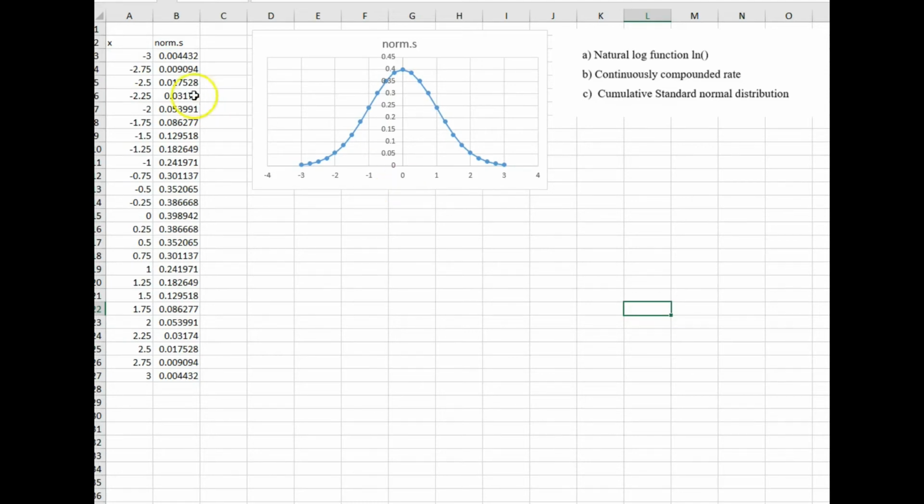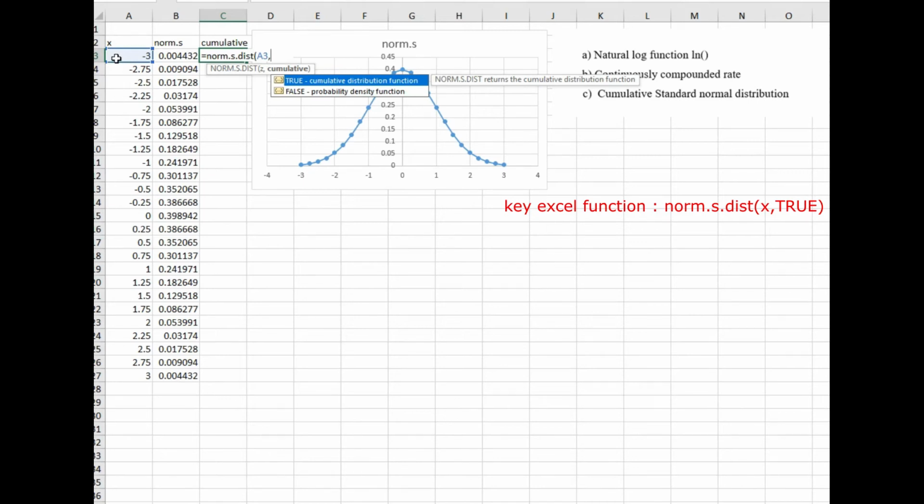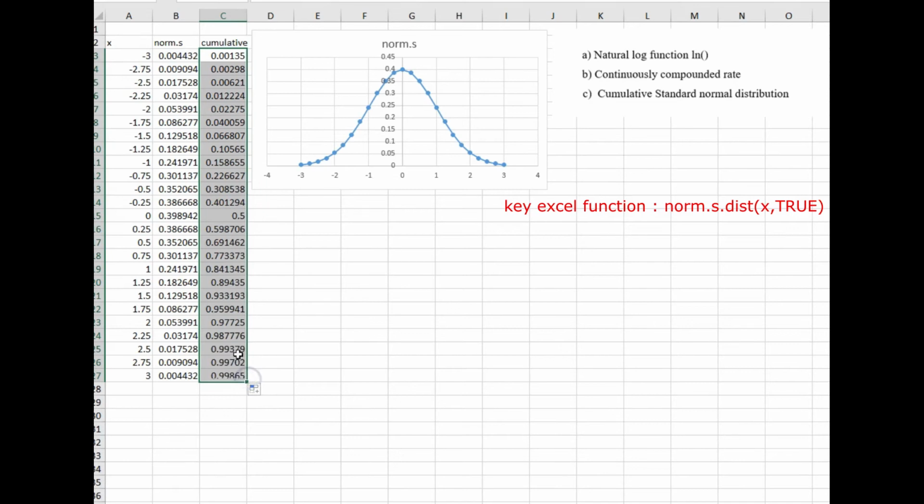Next, let's calculate the cumulative. The cumulative distribution function uses the exact same function, NORM.S.DIST. So this is x, comma, true, which means cumulative.